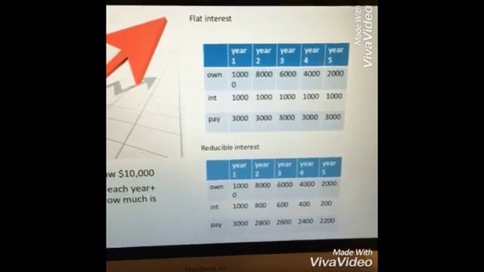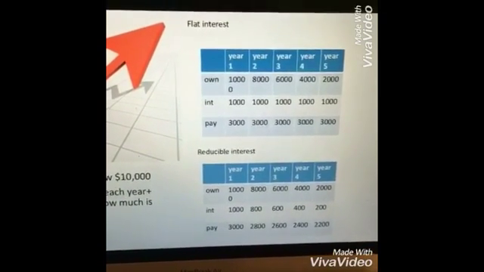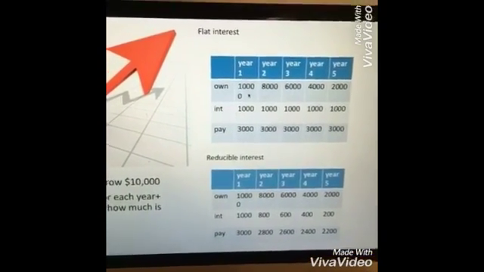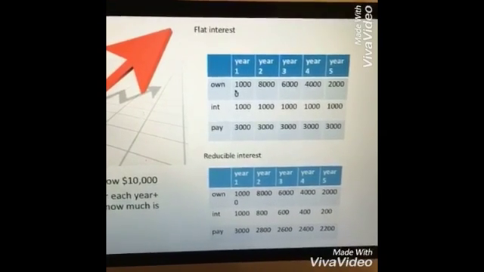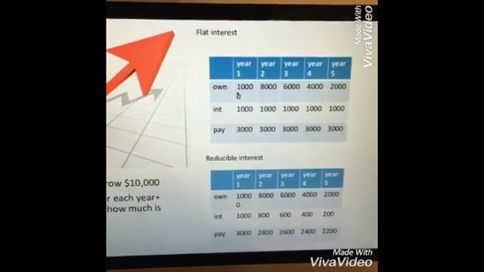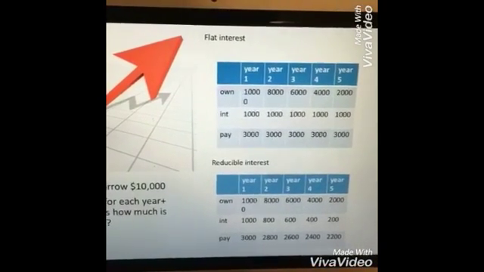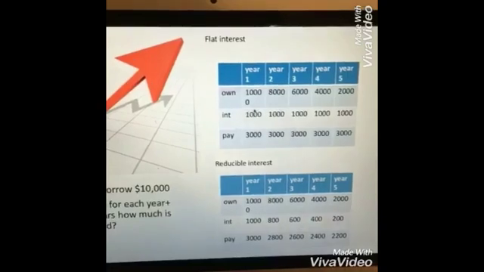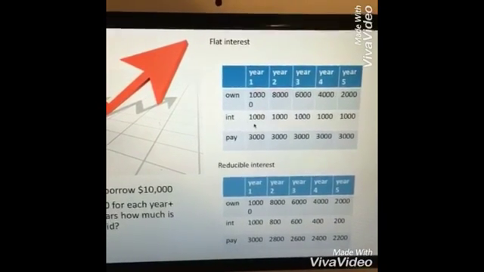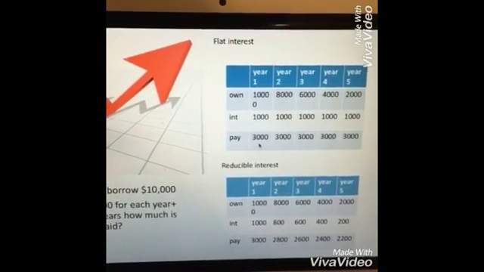Let's see. For the flat interest rate, in the very beginning you borrowed 10,000, and in that year you pay 1,000 for the interest, and the total payment is 3,000.